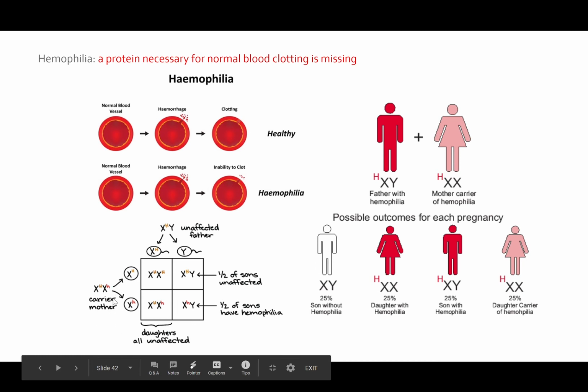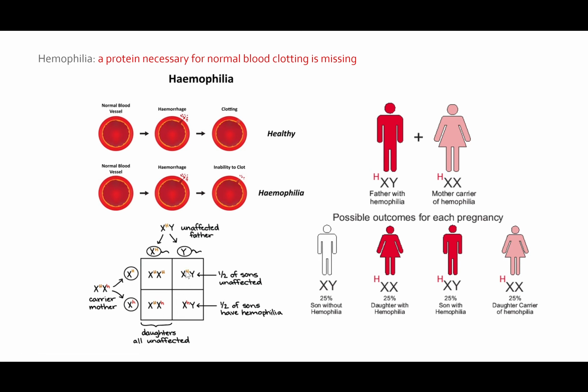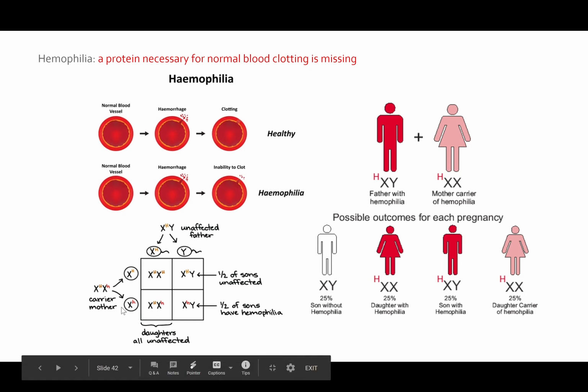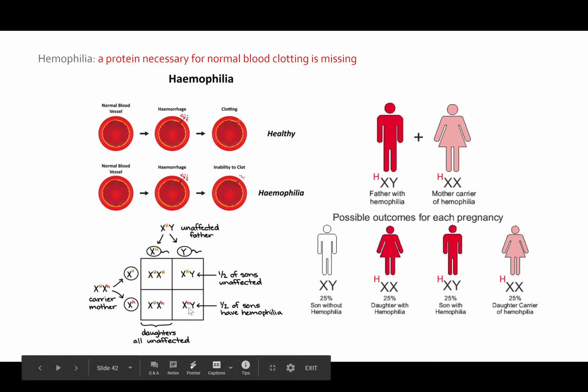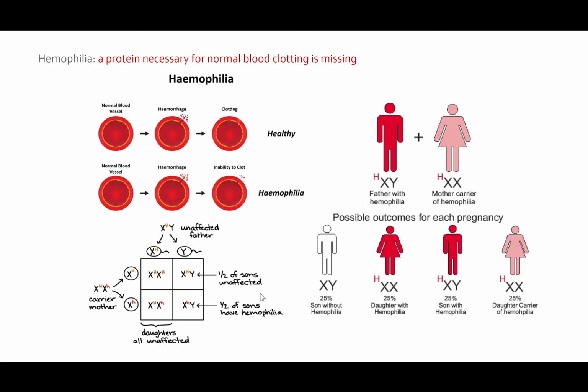However, because the mom is a carrier, it's possible that half of their sons are going to have hemophilia, right? Because she could give the son a normal X chromosome with the normal hemophilia gene on it, or she could give the son an X chromosome with the disease allele on it, okay, with the small h and the red. Okay, and so that's how inheritance works for X-linked traits.